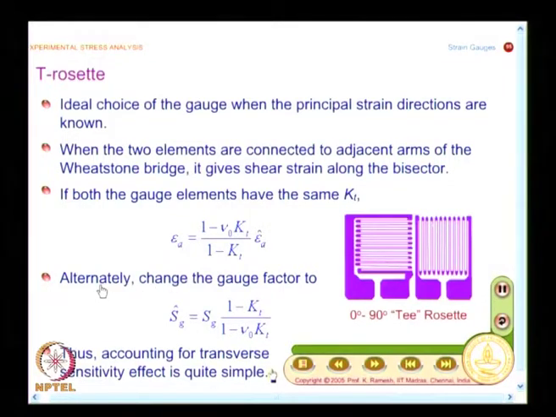Alternately, change the gauge factor. S g cap is given as S g into 1 minus kT divided by 1 minus nu naught kT. So, you have a via media.